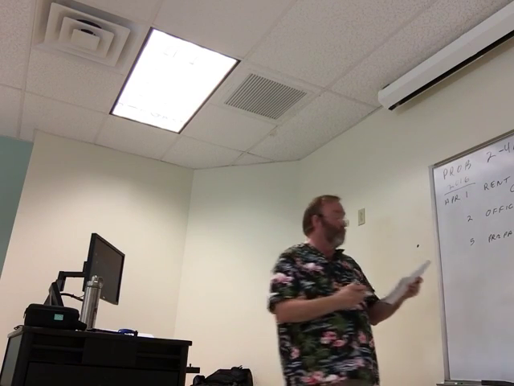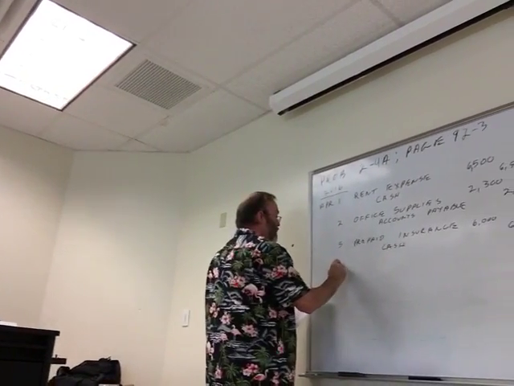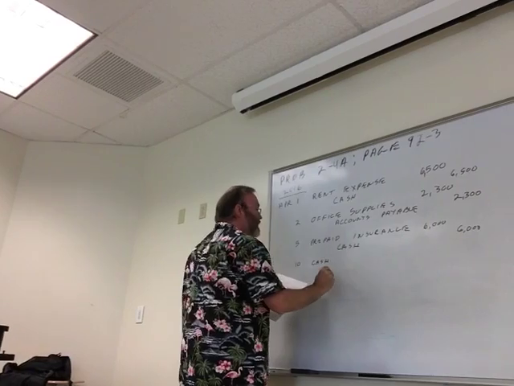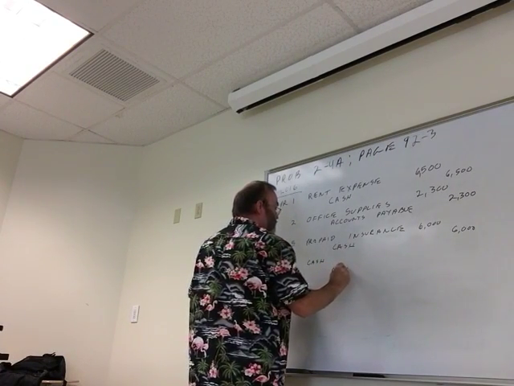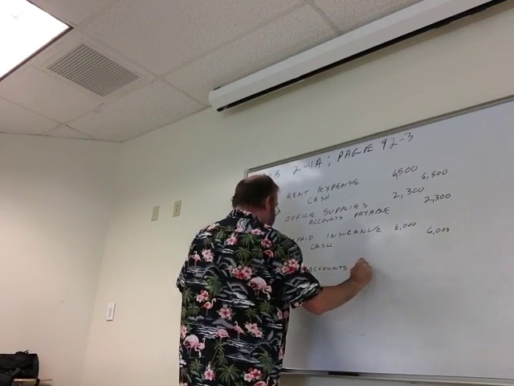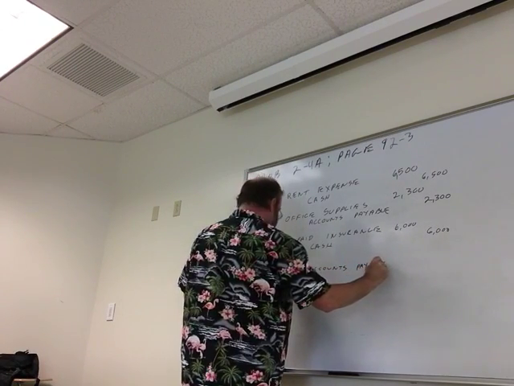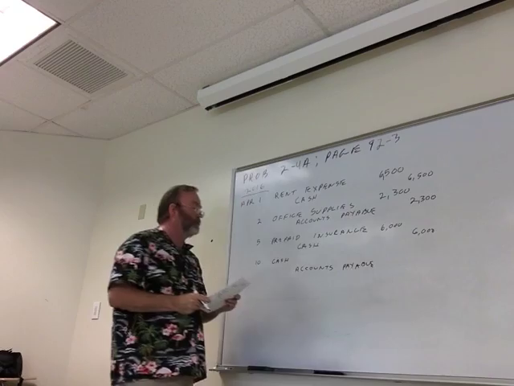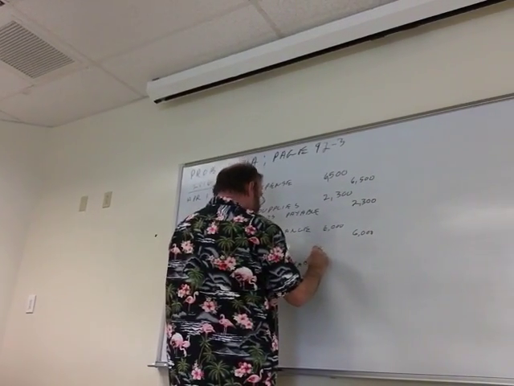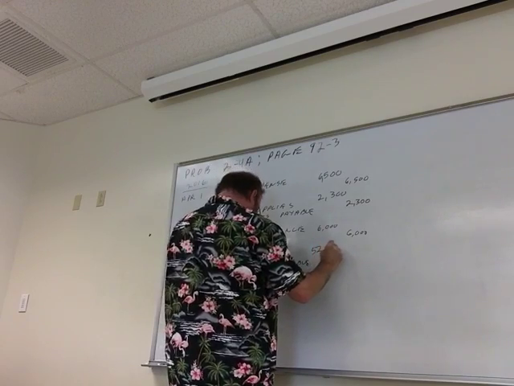So the debit on the 10th is to cash, and the credit is to accounts payable. And the amount was $52,300.